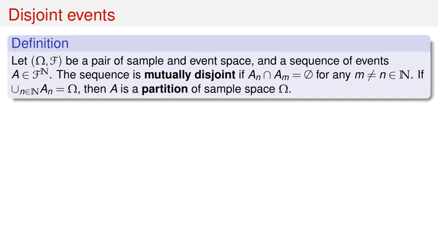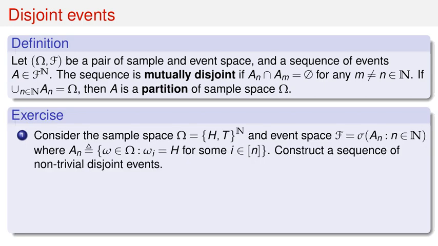Consider a sequence of events A, which is an element of script F raised to the power N, meaning A1, A2, and so on, are all events in script F. This sequence is said to be mutually disjoint if the intersection of An and Am is the empty set for any m not equal to n, where m and n are in N. If the union over all n in N of An equals the entire sample space omega, then this sequence A is called a partition of the sample space omega.